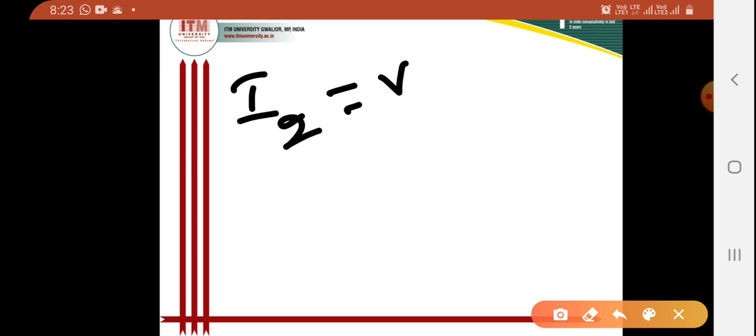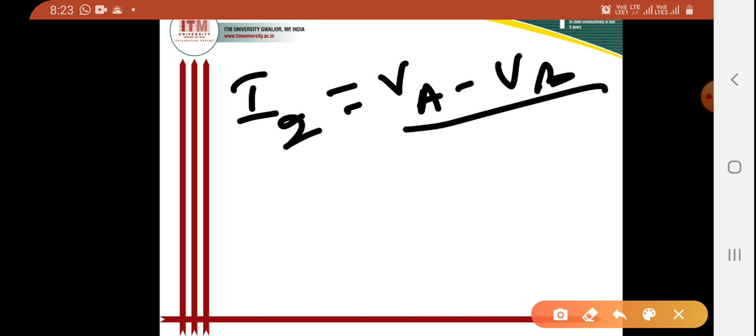Now when I simplify it, I can write our current I2 as VA minus VB by R2. Clear? Now we have to substitute the values.